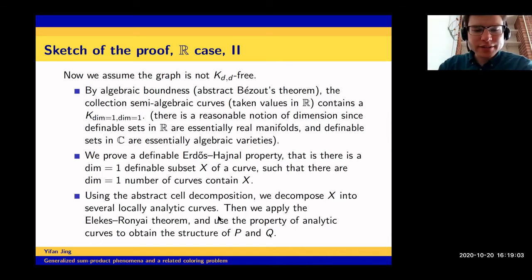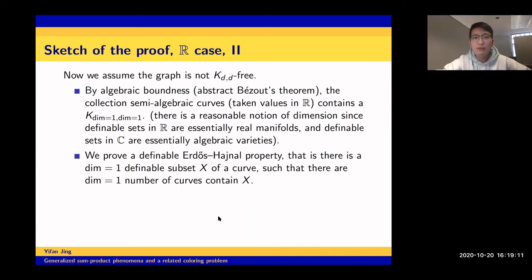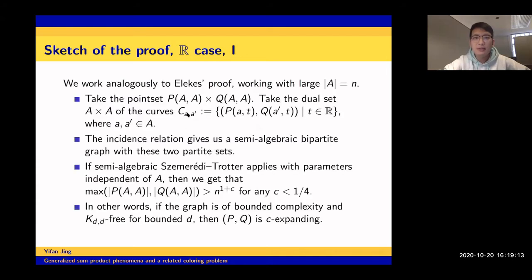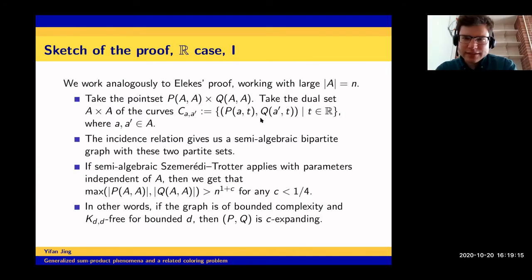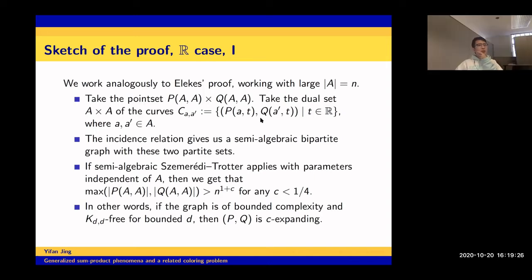May I ask a quick question? Sure. So why are these curves not algebraic, but semi-algebraic? This curve is defined by this. Right. But parameterized curves like this, aren't they algebraic? Okay, let me think.